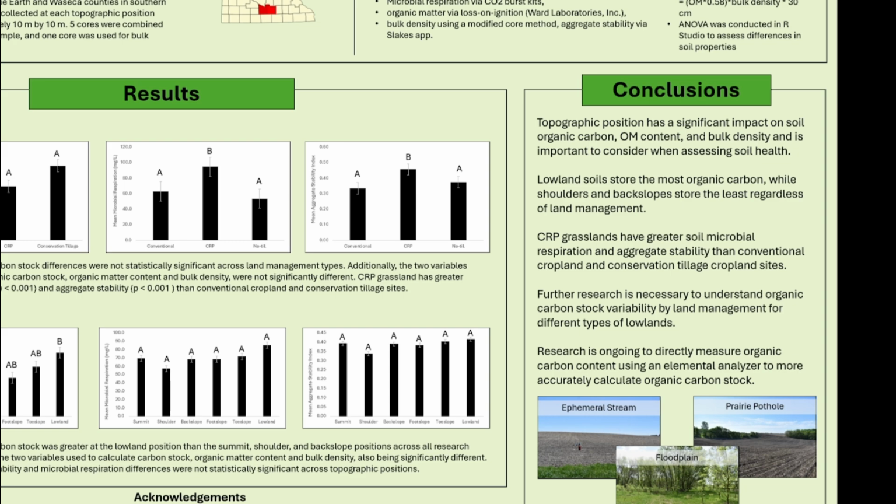Research is ongoing to directly measure organic carbon content using an elemental analyzer to more accurately calculate organic carbon stock, so we will directly measure organic carbon rather than taking organic carbon from the organic matter value.